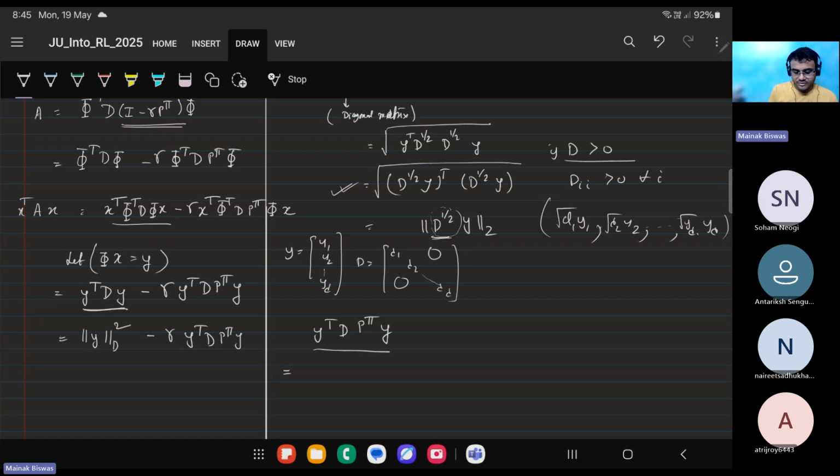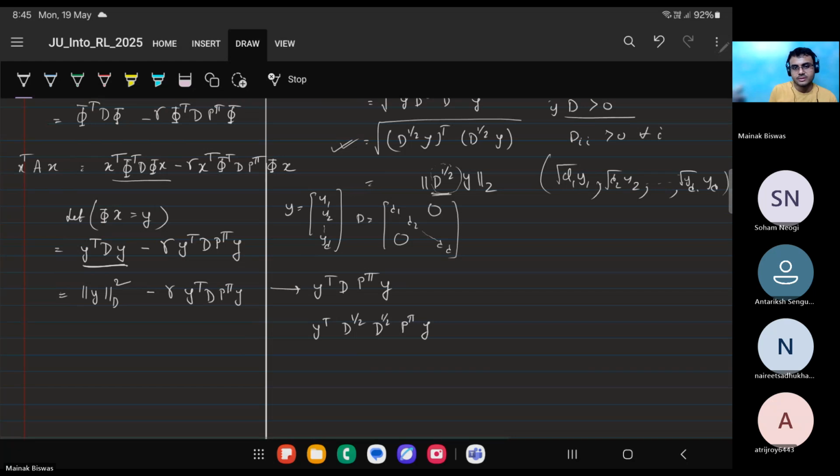If this term is there with us, what can I write next? So let us take a norm of this. We'll take it, don't worry. So this term, can I write this as y transpose D to the power half P pi y? I can write this, right? I'm doing the same trick again.